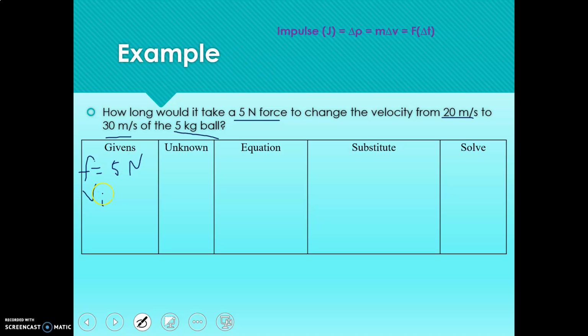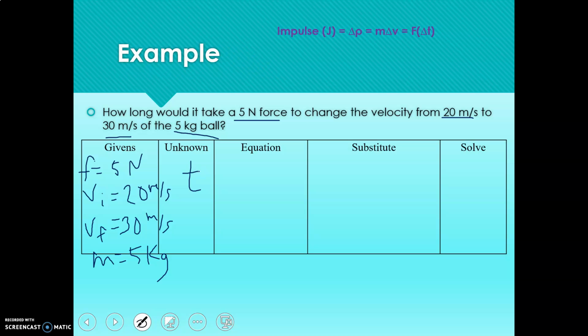We know that the initial velocity, again, is 20 meters per second. We know that the final velocity is 30 meters per second. We know that the mass of the ball is still 5 kilograms. Our unknown this time is different. It's not asking us to find the impulse. It's asking how long. So how long, remember, is time.